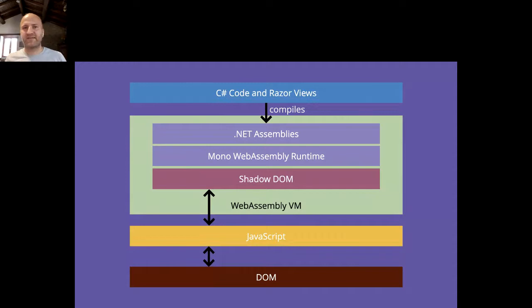And then there's a little JavaScript piece that takes all the changes that we do to our internal representation and patches those to the actual DOM. It does it very efficiently in batches. And it also works the other way around. Every time a user changes the DOM by typing a text into a text box or clicking on a button, these changes are batched onto the internal component representation and lead to event triggers within our Blazor components.